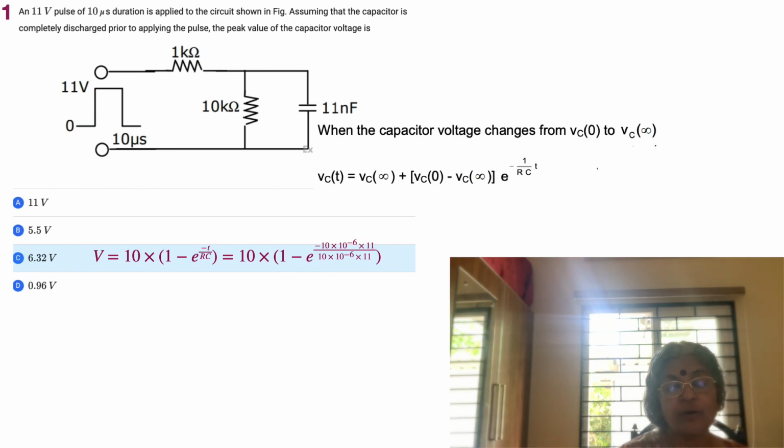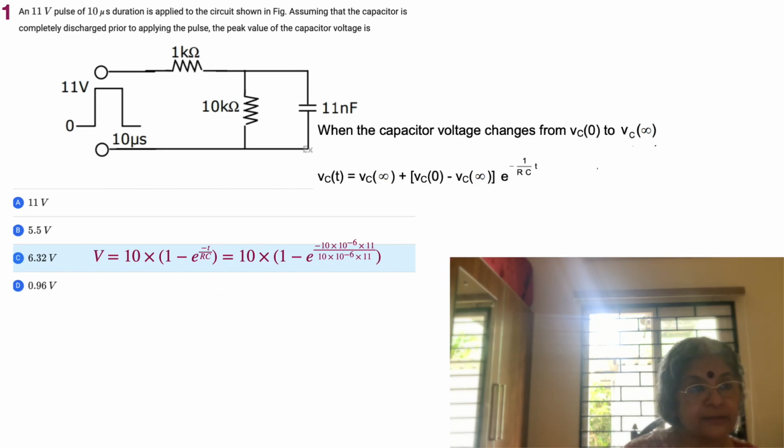come into the picture. So everything is written together: the maximum voltage to which the capacitor is charged is equal to 10 into, as was mentioned earlier, 1 minus e raised to minus t by RC, where RC is tau, which is equal to 10 into 1 minus e raised to minus t into, we have the time t, which is 10 microseconds or 10 into 10 raised to minus 6.